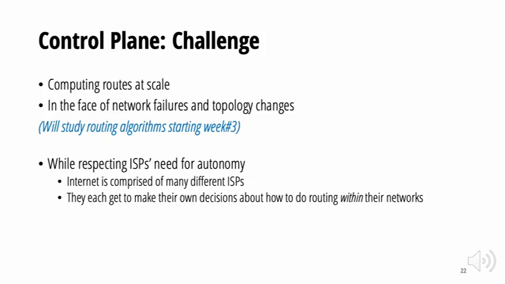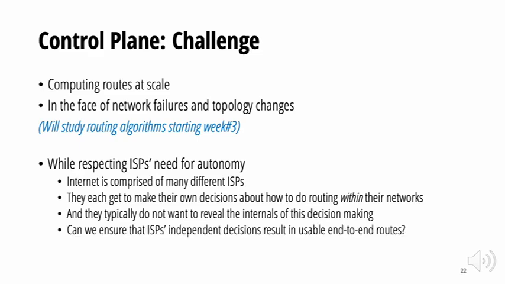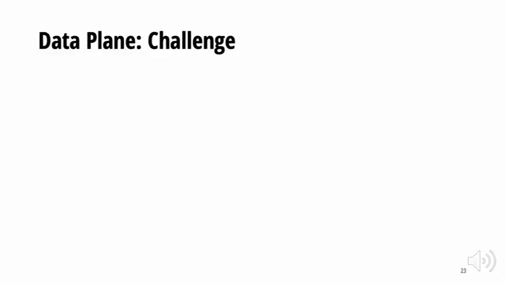Each ISP is going to want to make its own routing decisions, and it's not going to want to communicate that to other ISPs. And so we somehow have to respect the autonomy of ISPs while making sure we actually have a path across ISP domains. This is going to be a topic that is a protocol called BGP, and we're going to study that later in the semester. Okay, so it's adding additional sophistication to routing. On the data plane, what do you think is the biggest challenge?